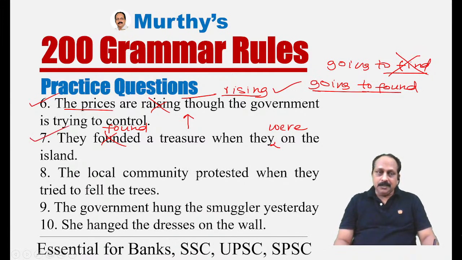Question number 8. The local community protested when they tried to fell their trees. This is a very good question. Naresh, similar question you asked, same pattern. Please, all of you look at question number 8.